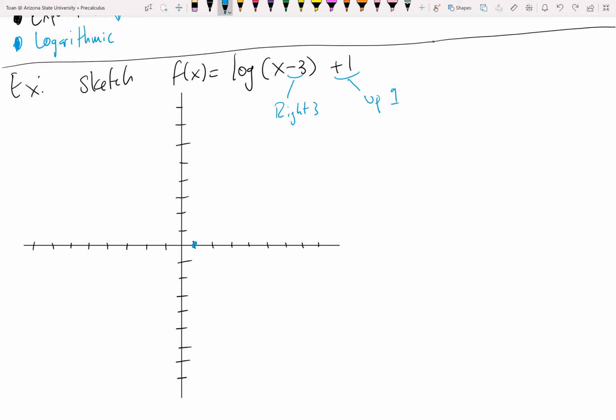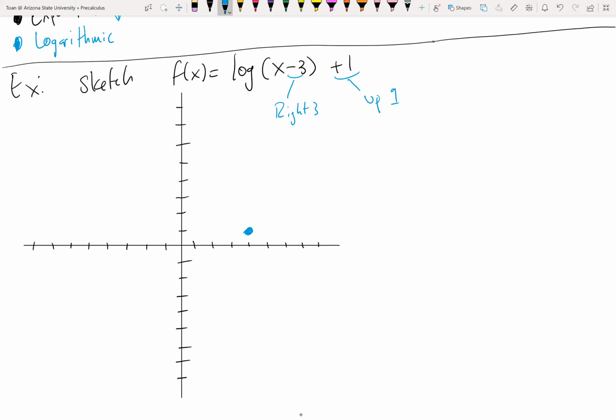So start with here. According to our transformations, we're going to go right 3, 1, 2, 3, and then up 1 here. So that should be our new, quote, special point. There you go. So 1, 2, 3, up 1, right there.